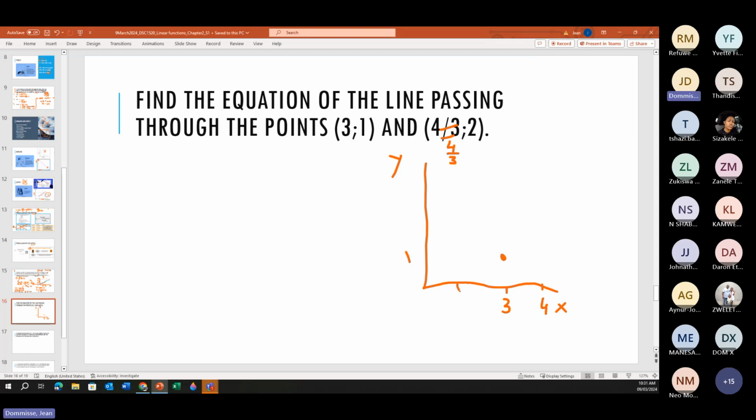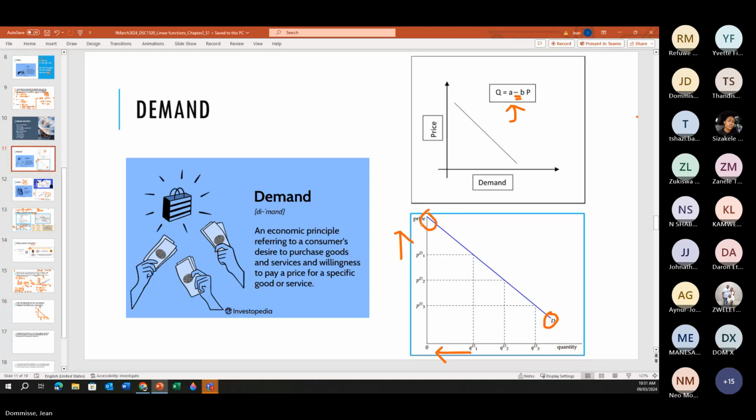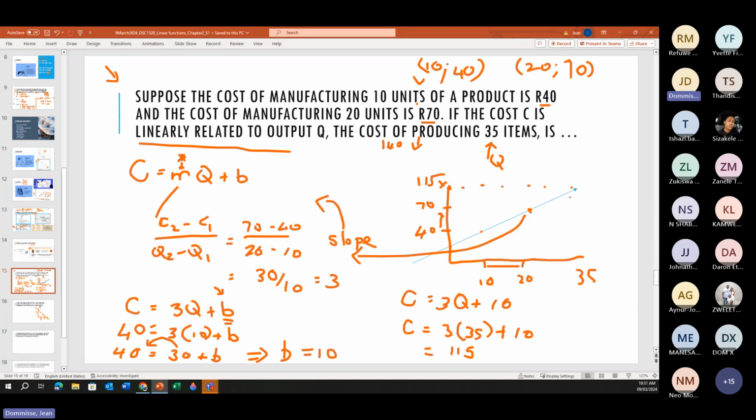So let's say that is 4/3, and the value is 2. Okay, so automatically we now see that we're actually dealing here with a demand. Here we actually worked with a supply function.